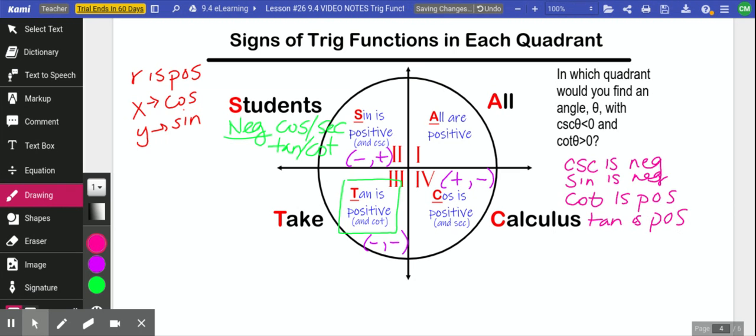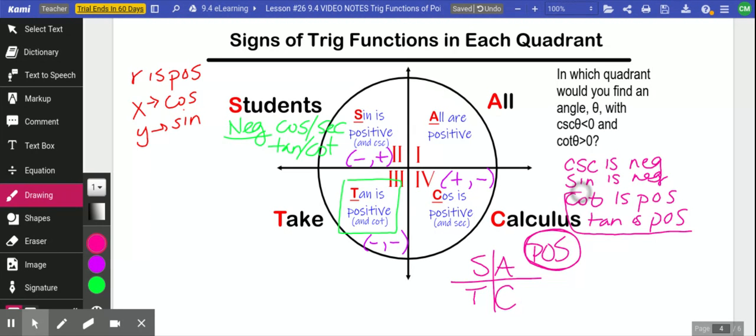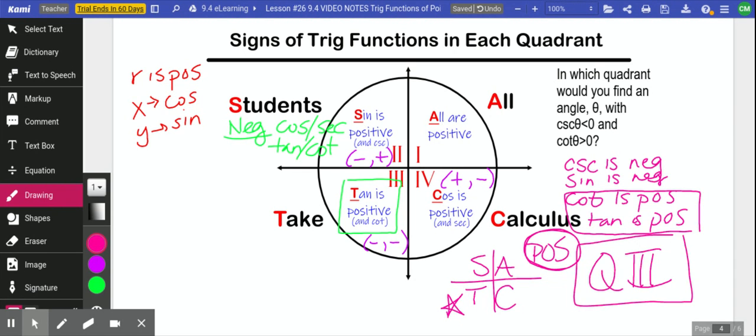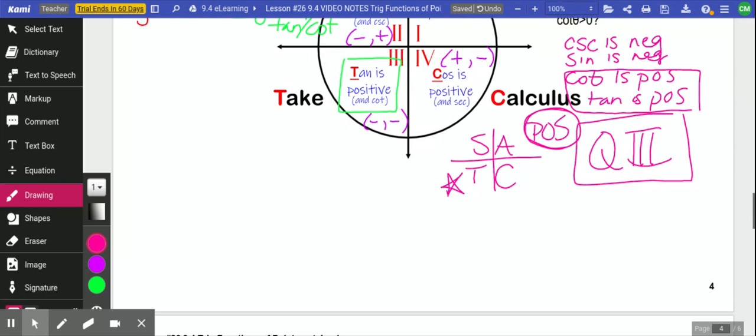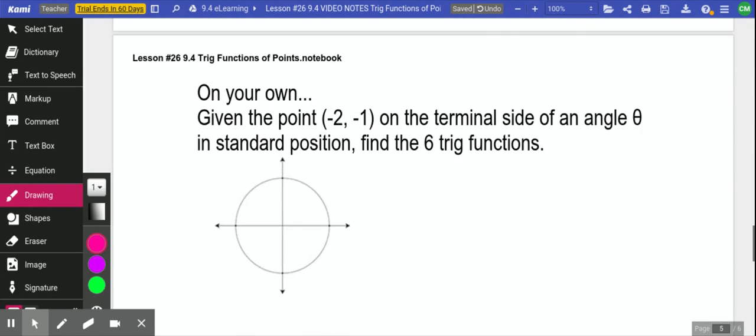So a lot of people just write all students take calculus, and it's which one is positive there. Everything else will be negative. So where is tangent and cotangent positive? That is right here. And so our answer here is quadrant 3. Okay. Hopefully that makes sense.